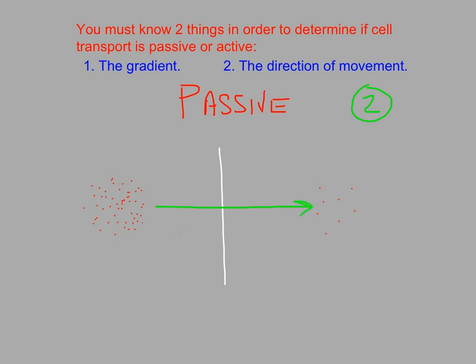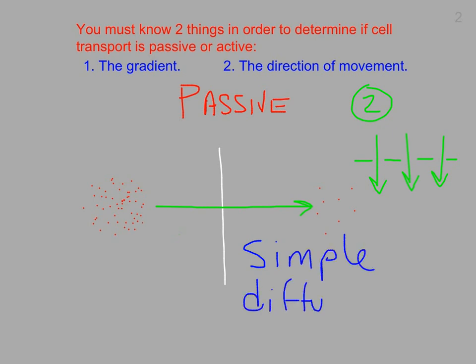But if it's going straight across, like it's a super tiny molecule like water or carbon dioxide or oxygen, they can literally go directly through the microscopic holes in the cell membrane. And that's going to be called simple diffusion. Simple meaning it doesn't need any help and it's going directly through the holes all by itself. Simple diffusion.